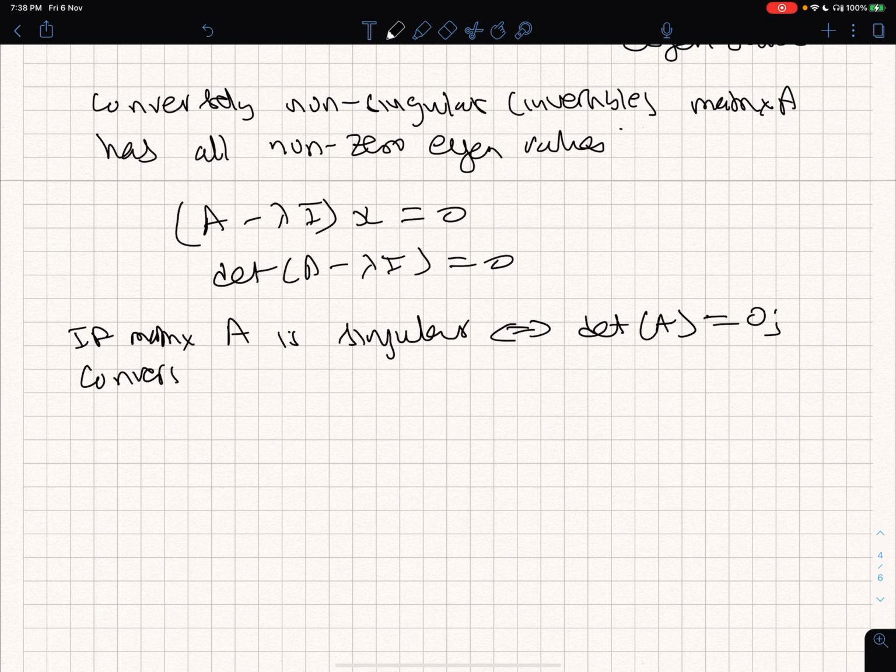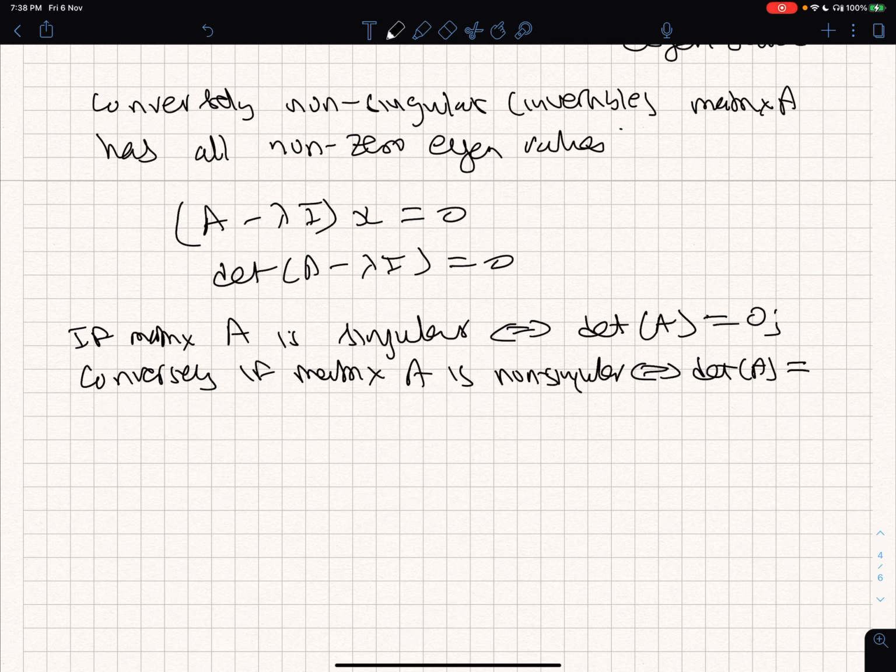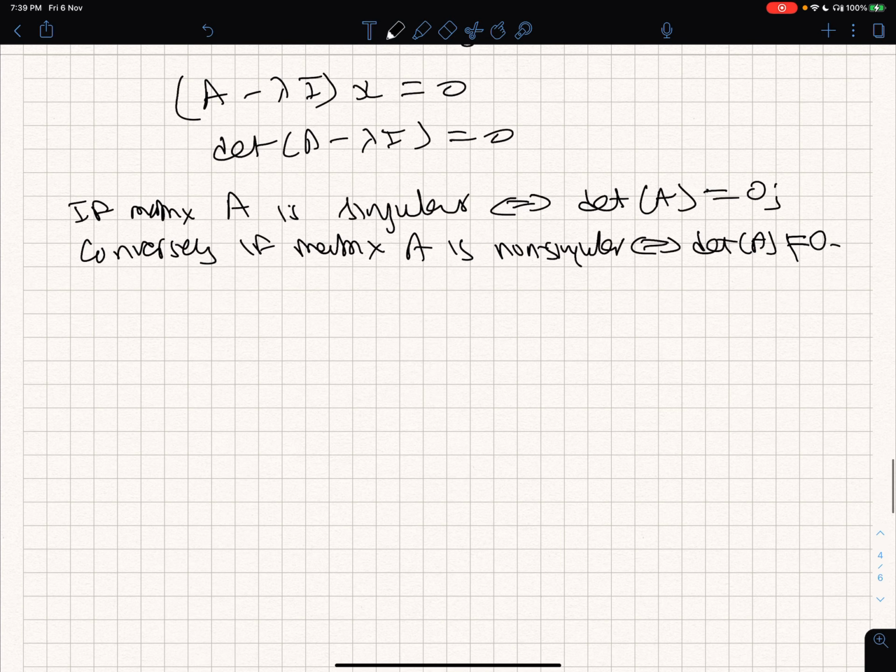Conversely, if matrix A is non-singular or invertible, then its determinant is not equal to 0.